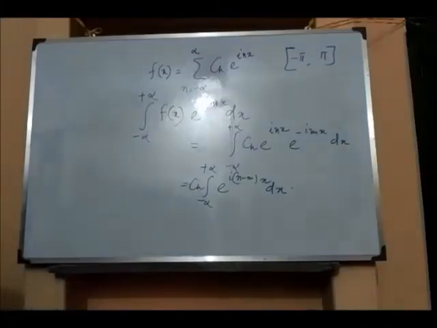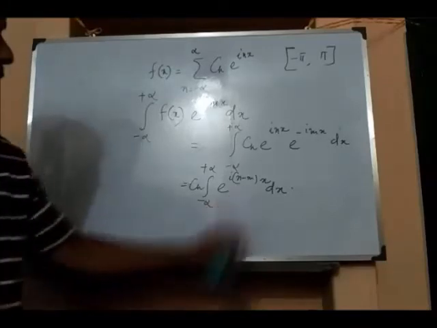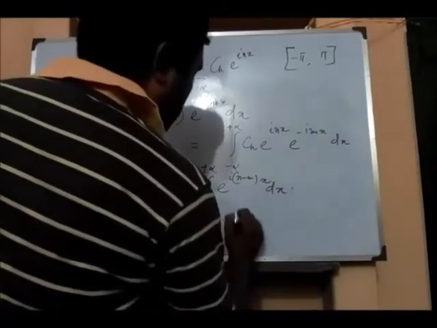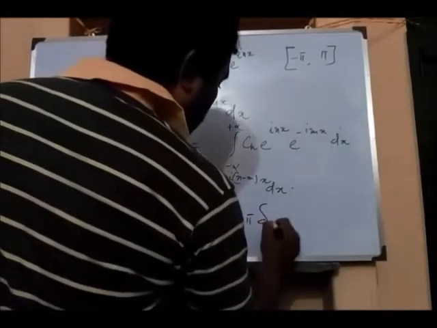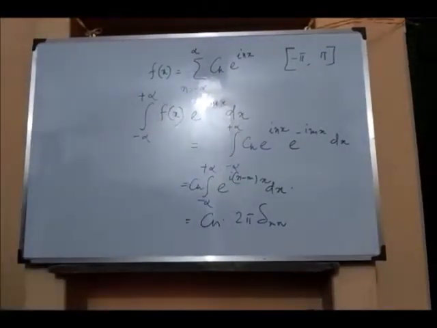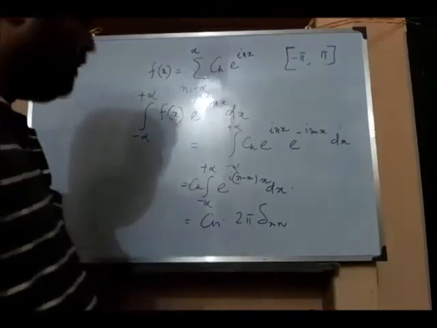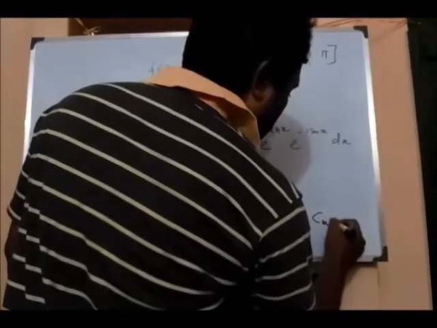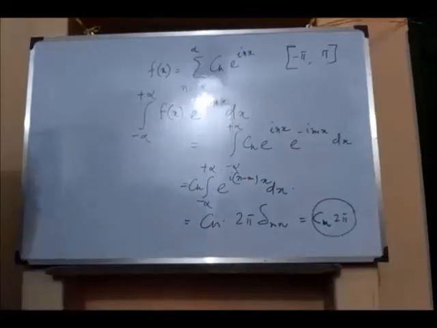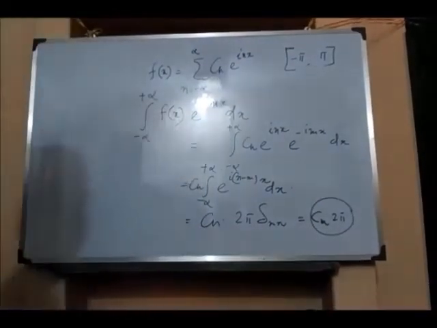So if you integrate this term, what you will get is c n twice pi. Okay, as this is c n delta mn, this becomes c n. So you will get c n times twice pi.